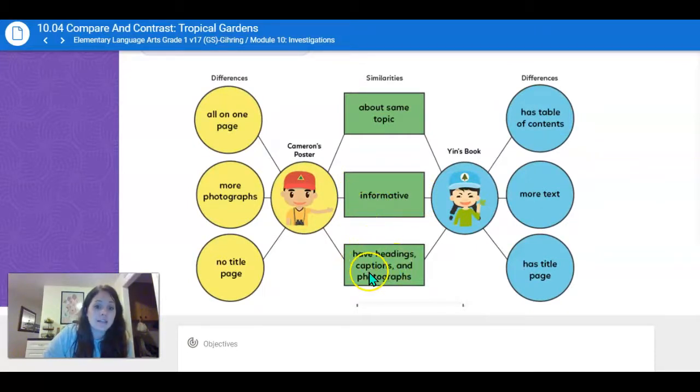They have headings, captions, and photographs in both the poster and the book. Now, the difference is Yin's book has a table of contents. It has more text in it, and it has a title page. Cameron's poster is all on one page, just like when you see a poster hanging on a wall. It has more photographs and no title page.